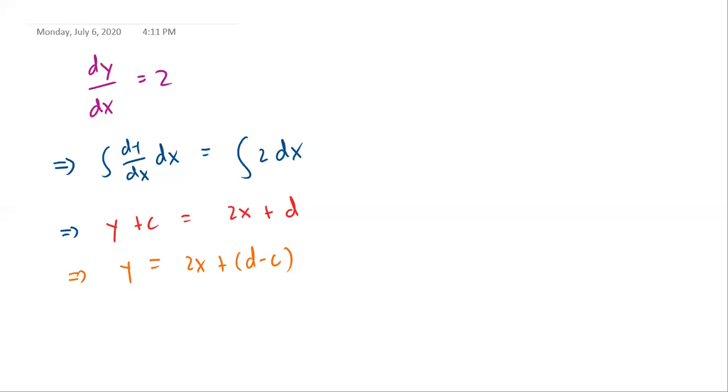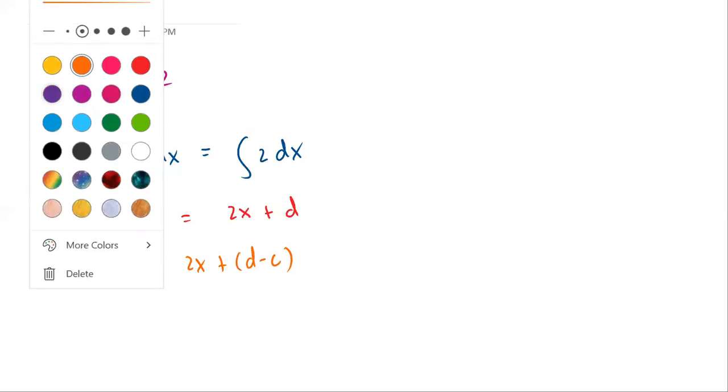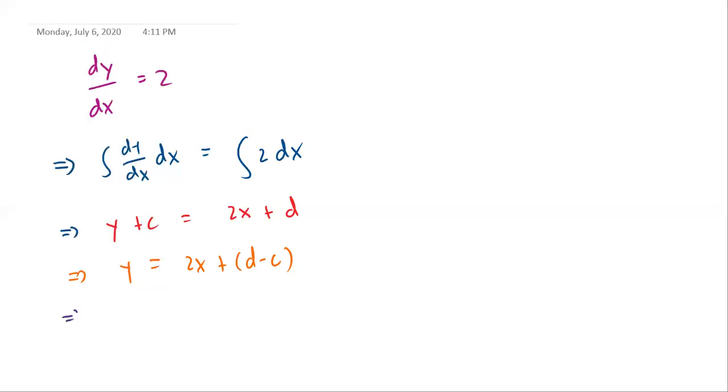There are no restrictions on what they are. So whenever I combine two arbitrary constants, I'm going to combine them into a single constant, and usually I'm just going to use the letter c.